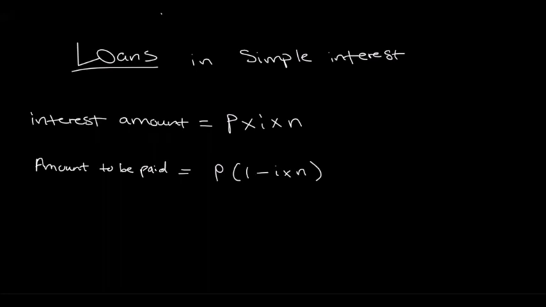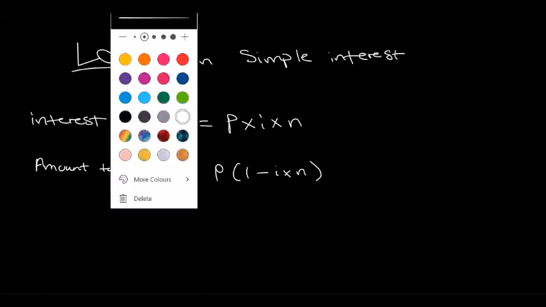Okay, so if you're not paying for years, but maybe for 5 months, you put the month there, because usually when you make your payments, you make them per month, you don't make them per year.